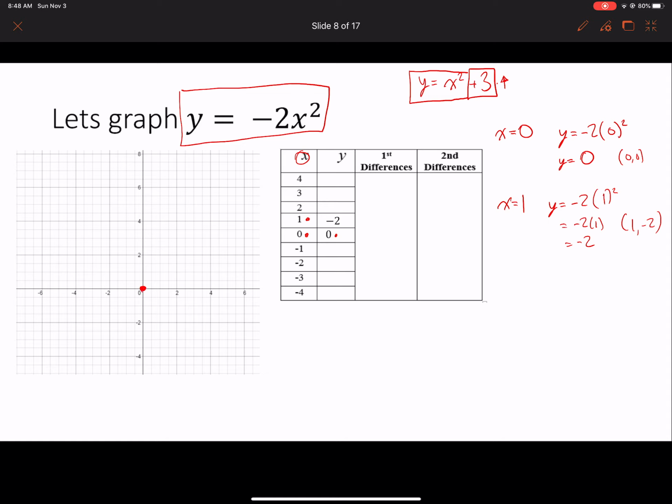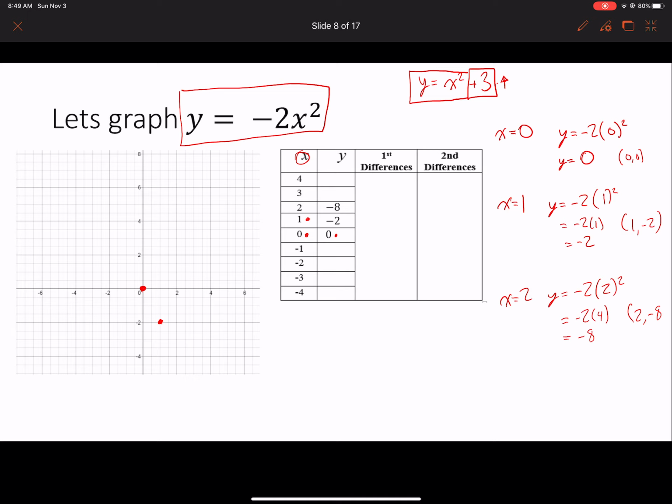My next point was 1, -2. Now, I know in the next slide when x equals 2, y equals -2 times 2 squared, which is equal to -2 times 4, which is equal to -8. So my next point will be 2, -8.